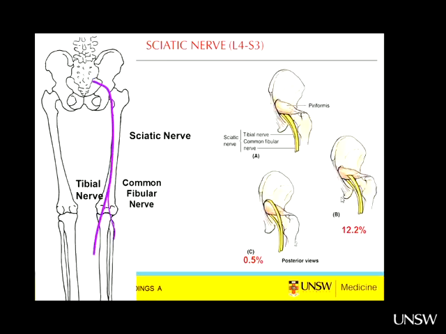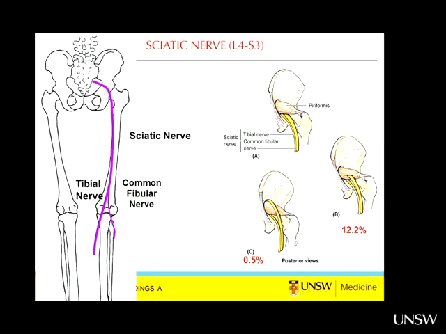Okay. Now, remember I said just now the sciatic nerve actually is found inferior to piriformis, and that's what you're looking at in this first diagram. That's its classically described relationship, that it passes inferior to the piriformis muscle. But you can see here that in a significant number of people, the sciatic nerve may actually pass through the piriformis muscle.